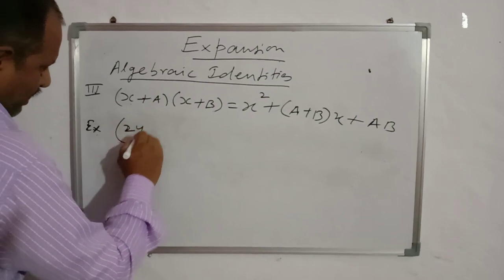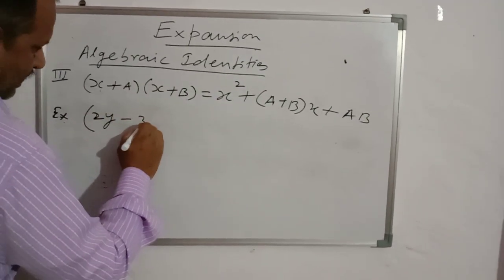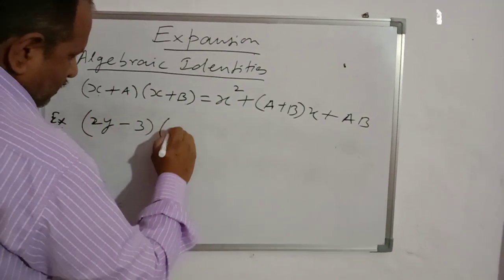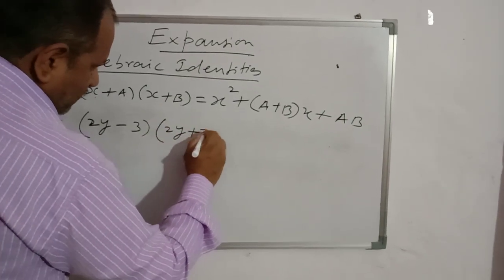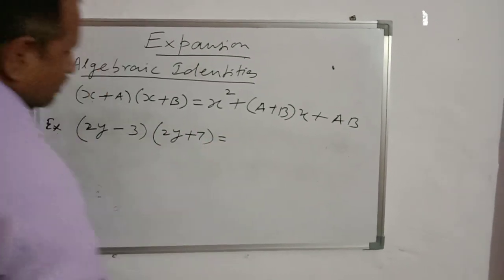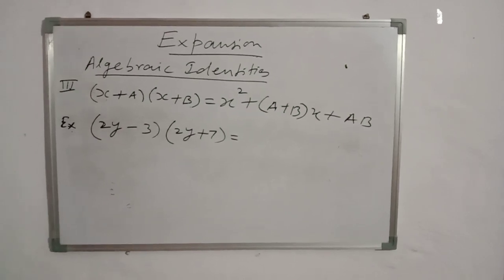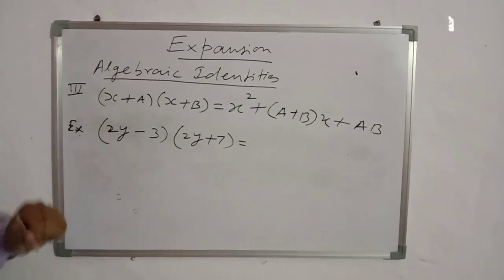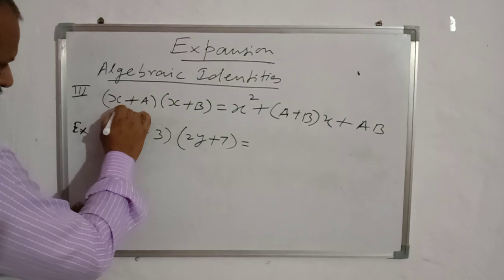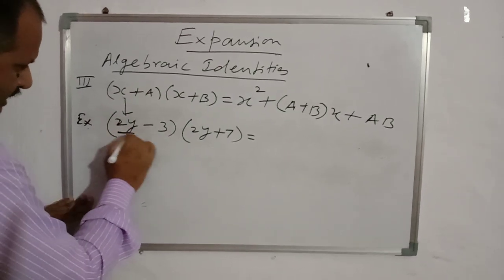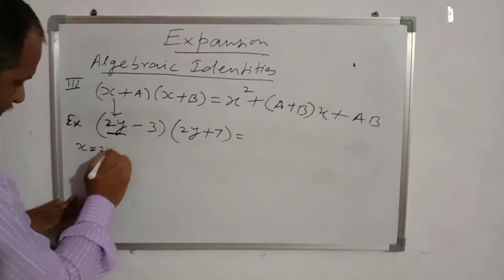Suppose 2y minus 3 into 2y plus 7. We have to find this product. Again we will apply this identity. So what is in place of x? 2y. x is 2y here.